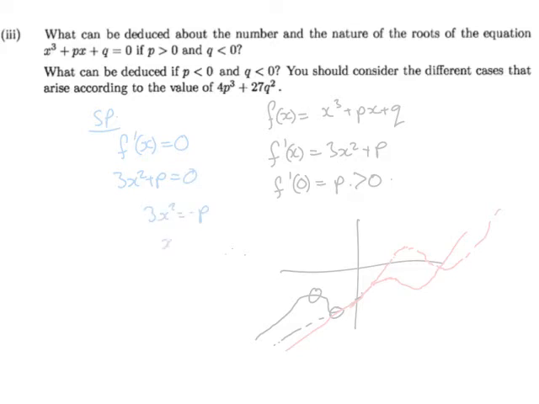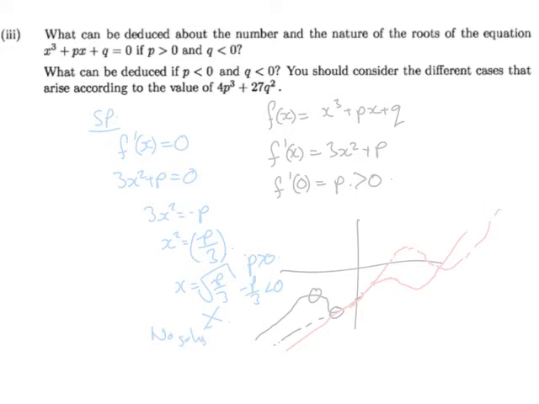Now here, it's important to remember that p is positive. So if we try to take the square root at this point, we reach a problem. There are no roots. Now what does this mean? This means that the equation never has gradient of 0.